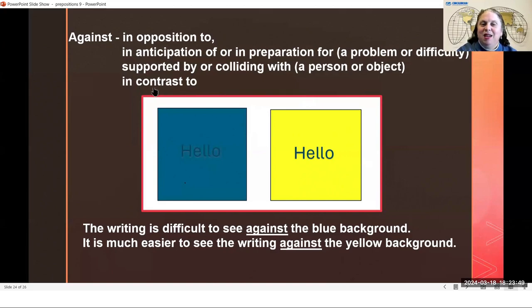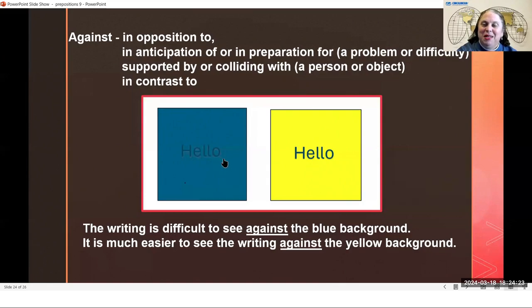And they are in contrast to. Contrast talks about being different from one another. These two are not very different from one another, so it is hard for me to see this blue writing compared to the blue background. It is easier for me to see the blue writing when it is in contrast to the yellow background. Those are very different from each other.